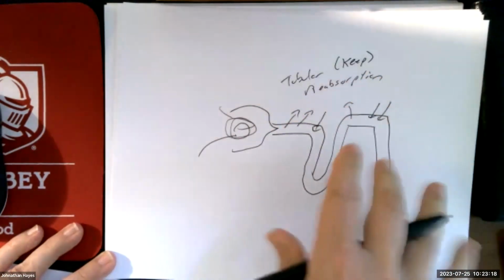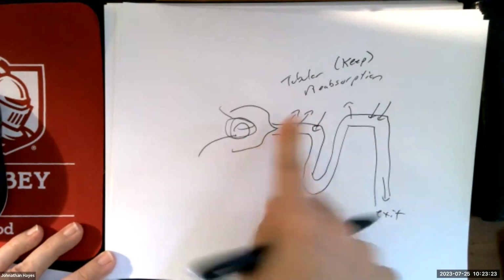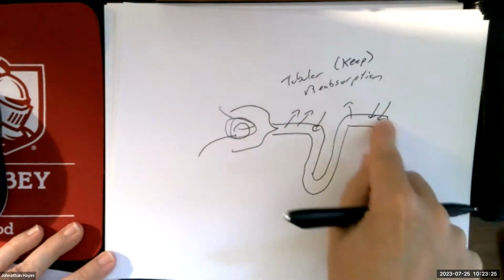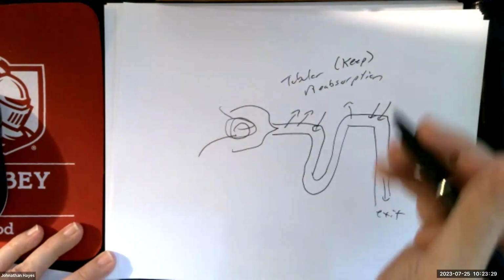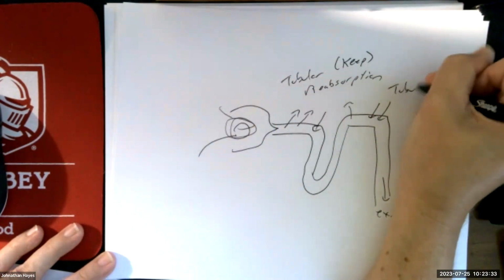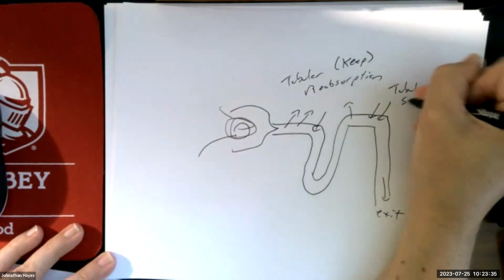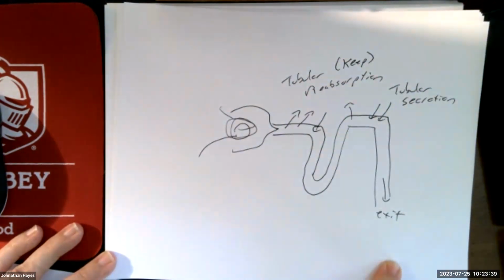And you can do that anywhere along the way. We just do most of our tubular reabsorption in the proximal convoluted tubule. A lot of our tubular secretion usually occurs up here, but you can reabsorb and secrete anywhere. Tubular reabsorption means I'm going to keep it. Tubular secretion means I'm going to add it to the tubular system, which means I'm eventually going to get rid of it, because I will excrete it once it leaves the body.